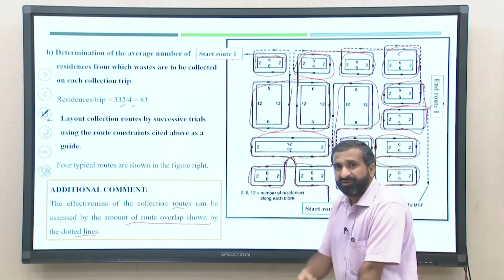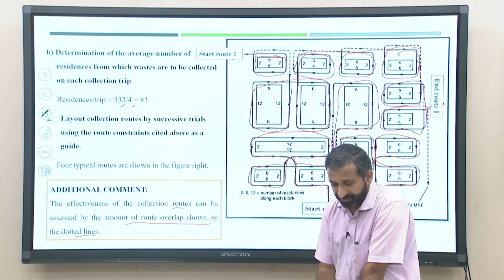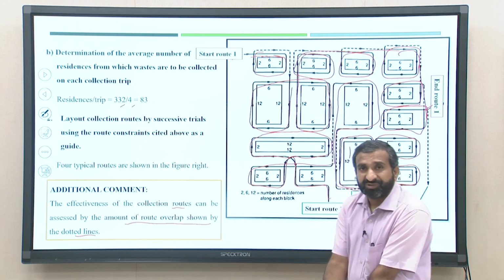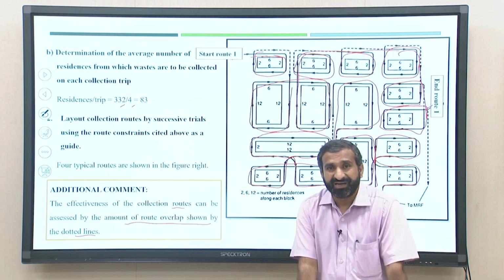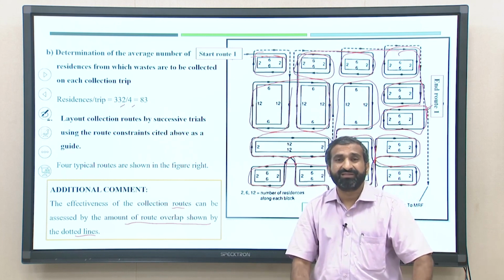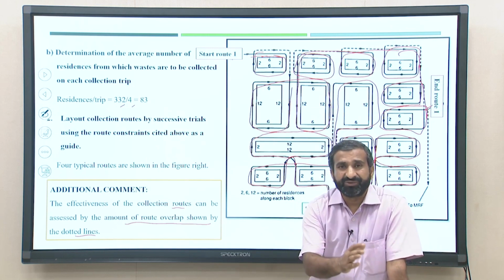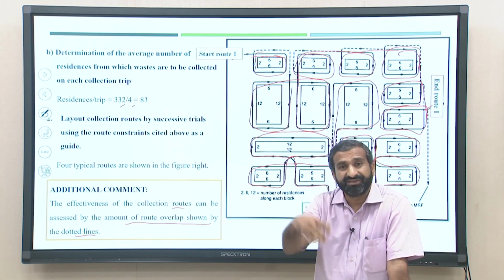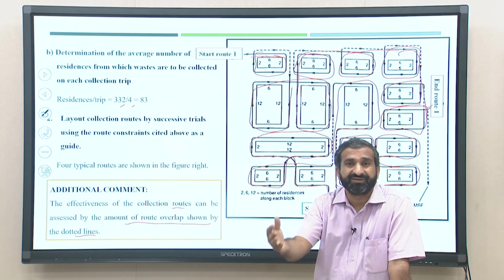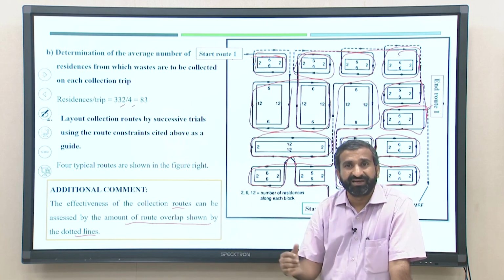Likewise, we can plan for the entire city also, and I propose that you do not plan the entire city as one part. Always try to decentralize; even the waste collection system could be decentralized.